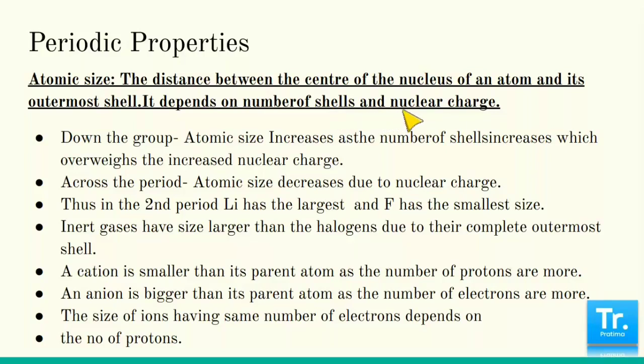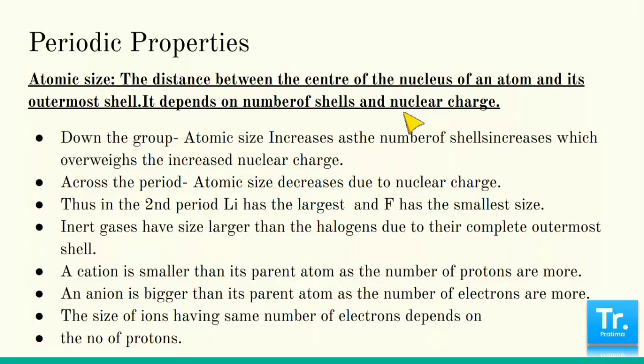If the nuclear charge increases, that means the positive charge at the center increases, which shows that there is a force of attraction on the electrons towards itself, an electrostatic force of attraction, and every time the charge increases, the electrons will try coming inside, thus decreasing the size. So with the increase in number of shells, the size increases. With the increase in nuclear charge, the size decreases.